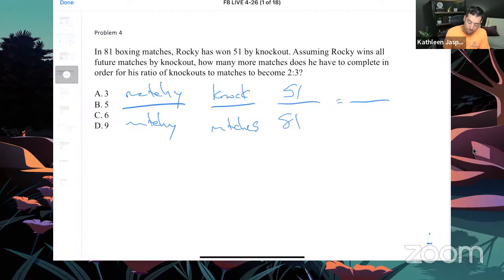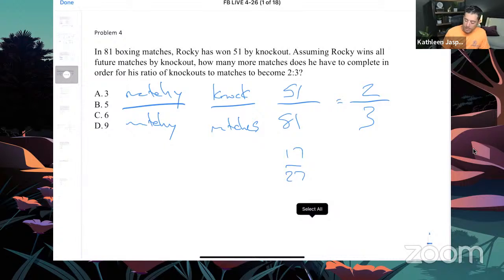But then we have to have it equal to 2 over 3. Right now it's not equal to 2 over 3, because 51 over 81 is equal to 17 over 27, and that does not look like it's the same. So that doesn't work out.